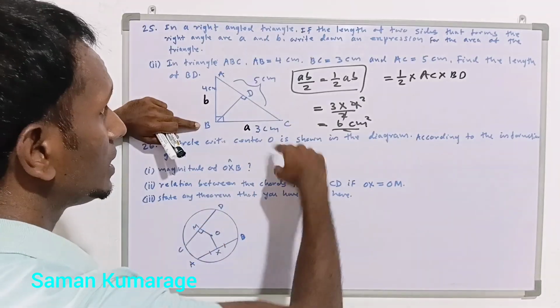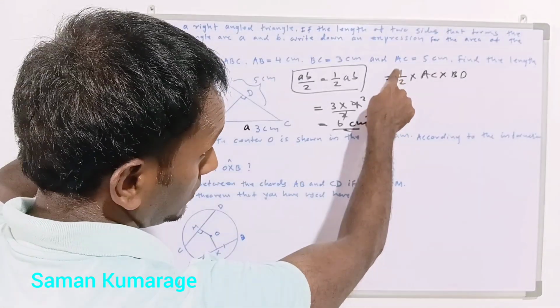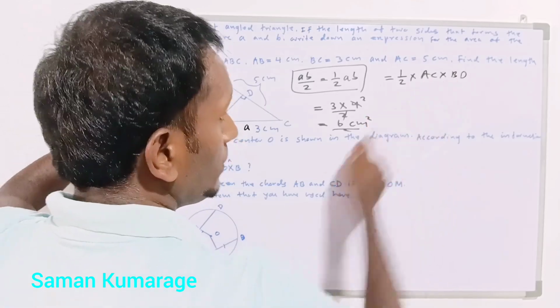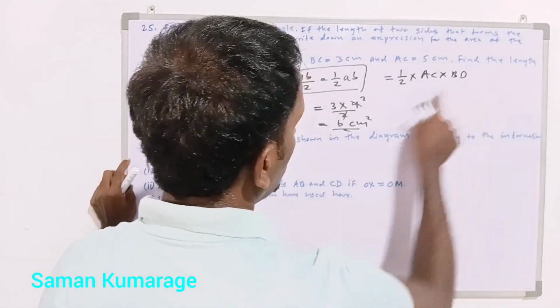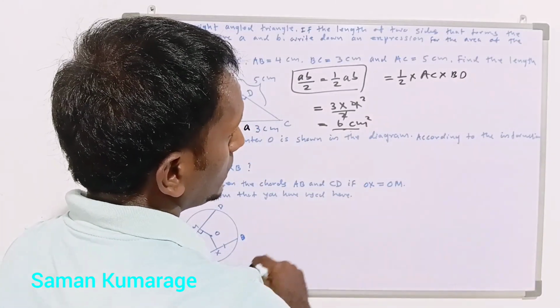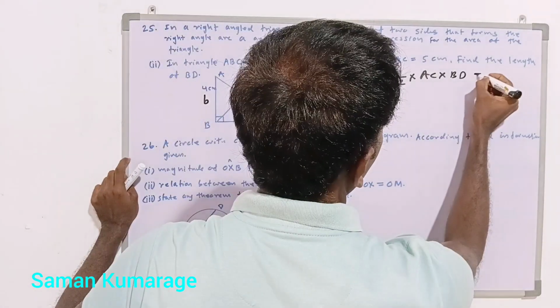And the other method is 1 over 2 multiplied by AC multiplied by BD. So this equation can be equated to 6 square centimeters. Therefore we can write like this, equals 6.